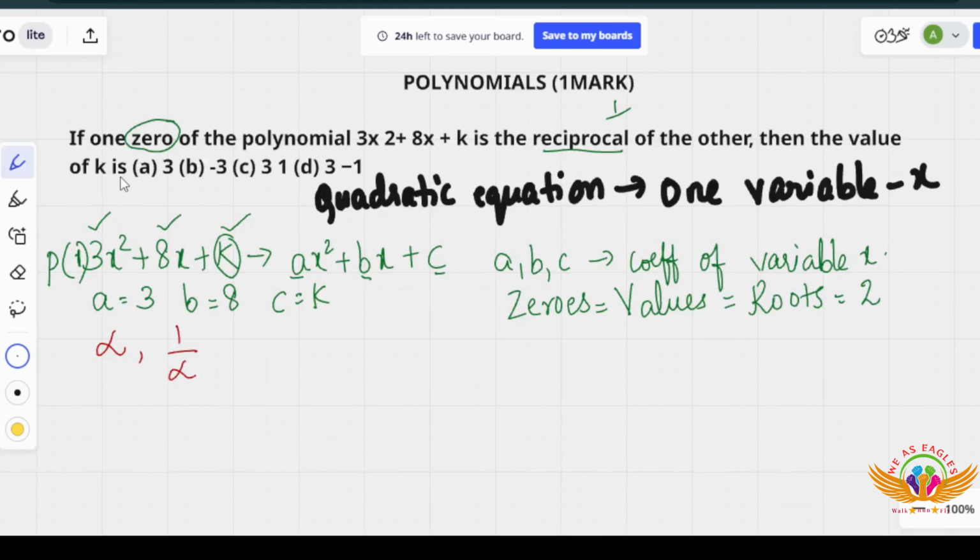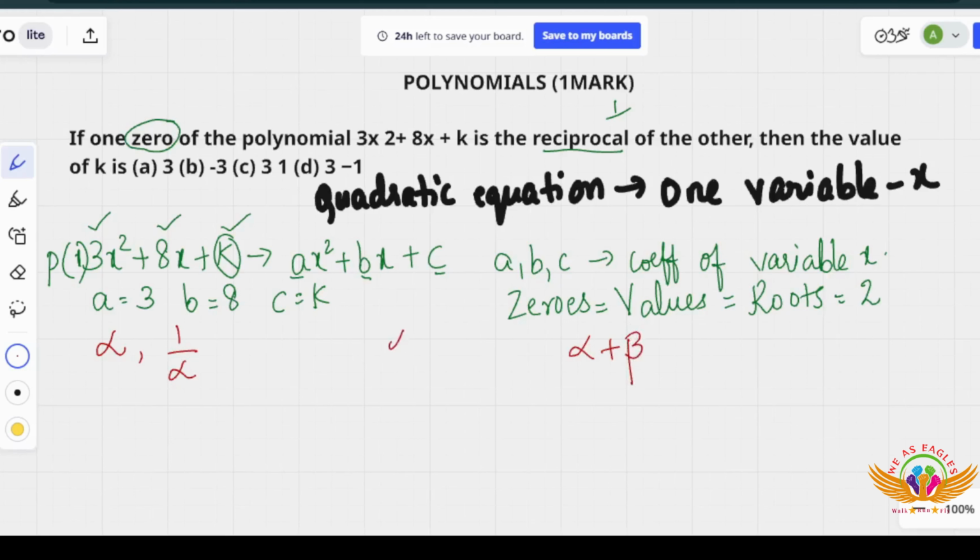Whenever you go to the chapter polynomials, there are some important formulas, and only a limited number of them. You need to remember them. I will explain the formulas in this question so that they are covered along with it.